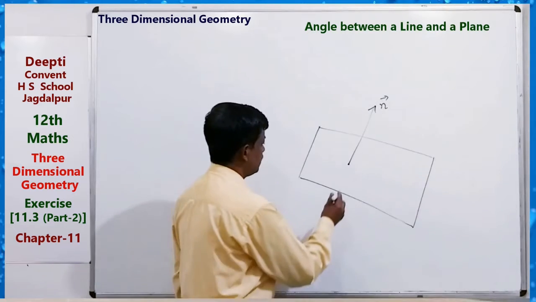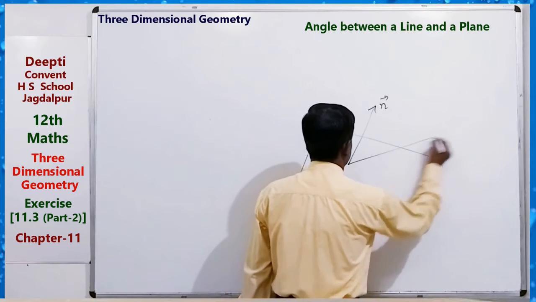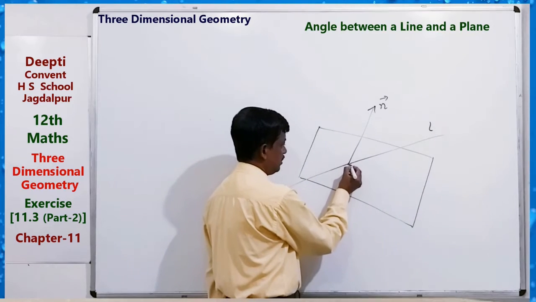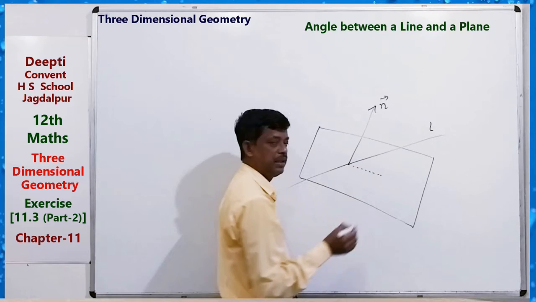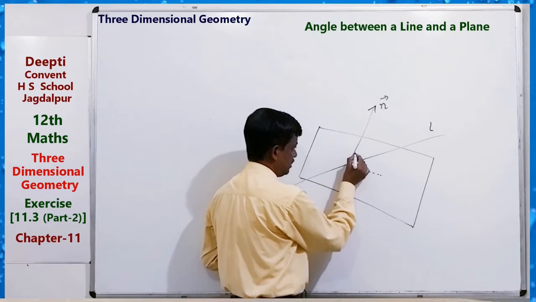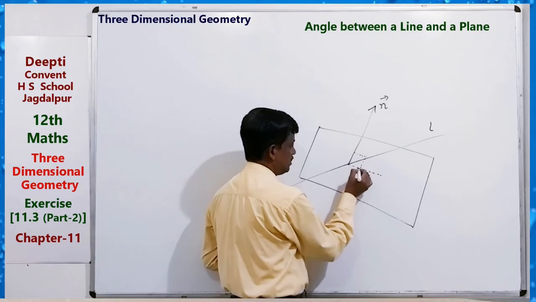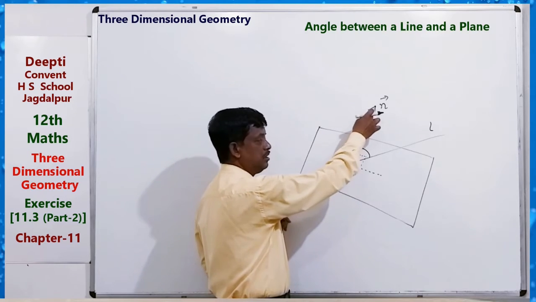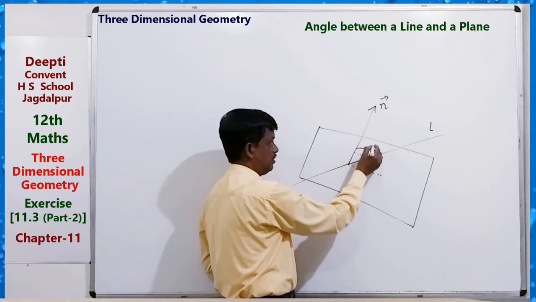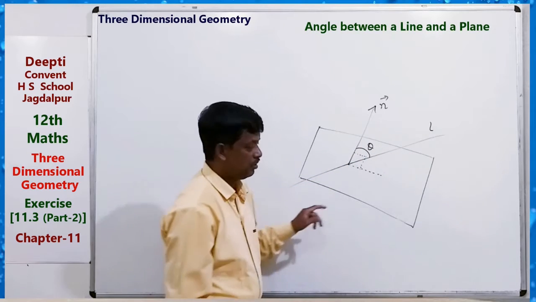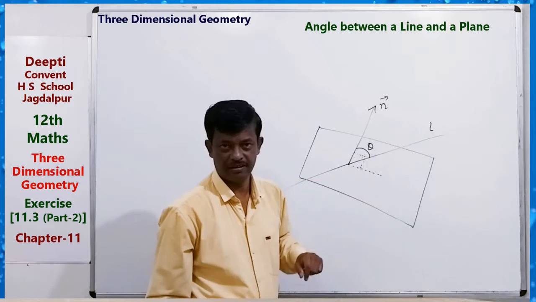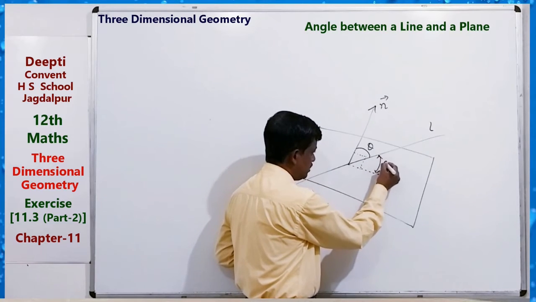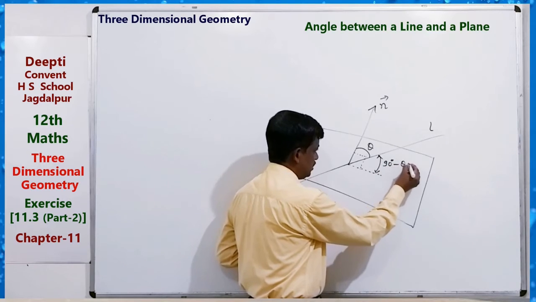So here, if this is the line, then this is on the plane, so this is 90 degrees. And this is the angle between the normal and the line, theta. Now this is the plane, this is the line, so the required angle is this, 90 degrees minus theta.